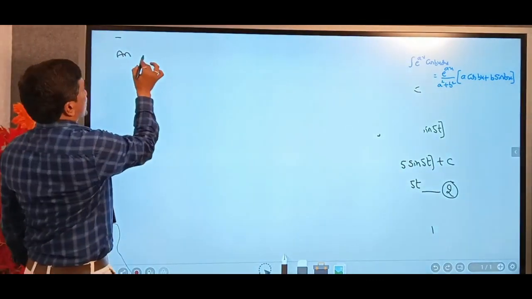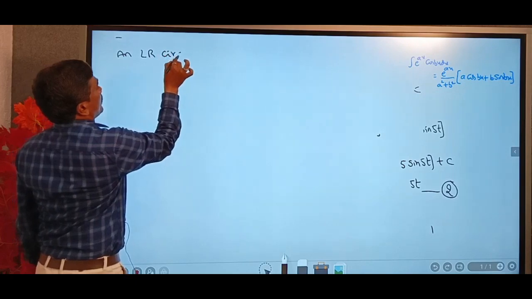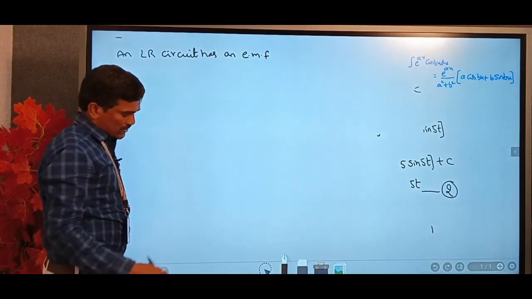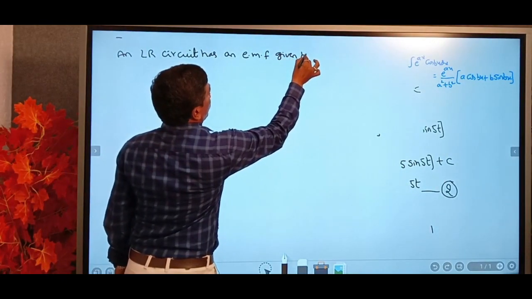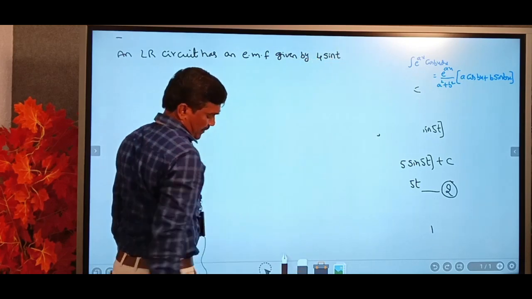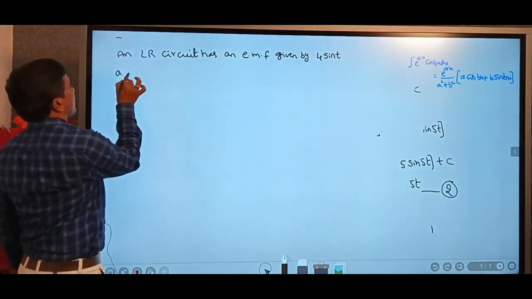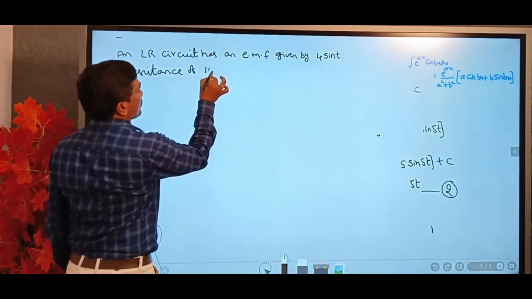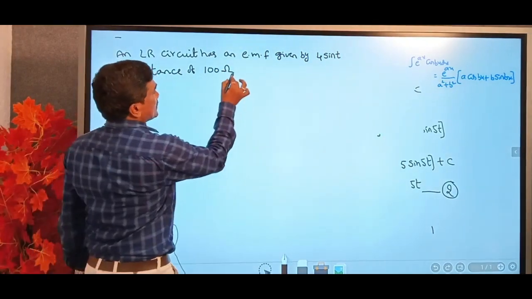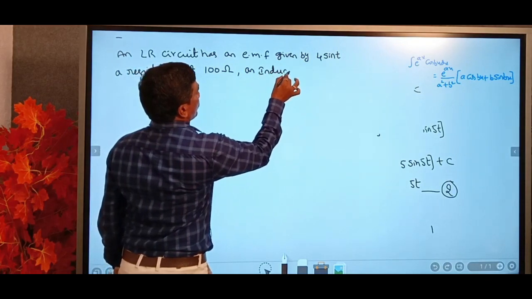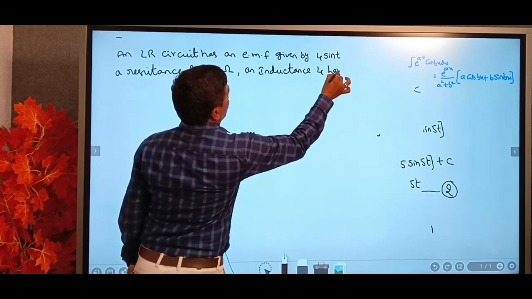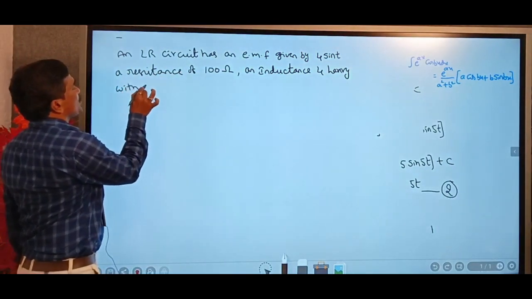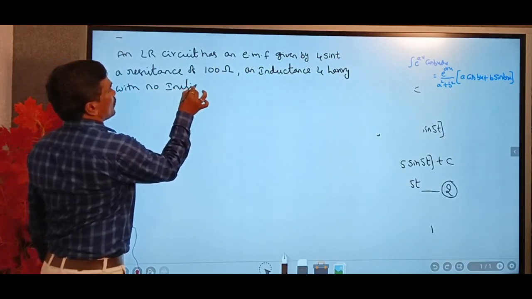An LR circuit has an EMF, electromotive force, given by 4 sin t, a resistance of 100 ohms, and inductance of 4 Henry, with no initial current.